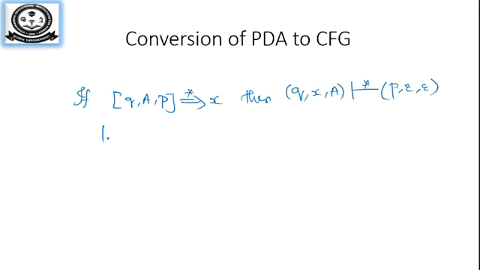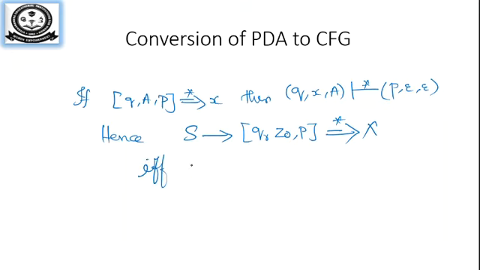Hence S derives [q0, z0, p], which can be derived to the string x if and only if (q0, x, z0) is going for a final pop-up operation, or empty of the stack.